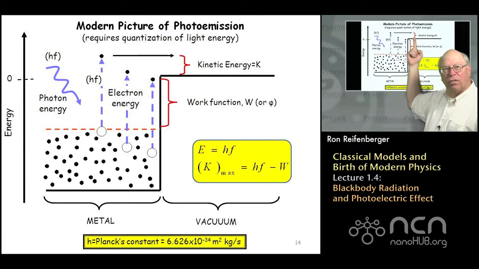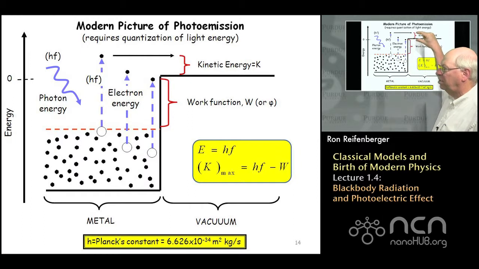Once it's in the vacuum, we can measure its kinetic energy, and the kinetic energy is represented on this diagram by the difference between this vacuum level line and the energy of the electron after it's been photoexcited.